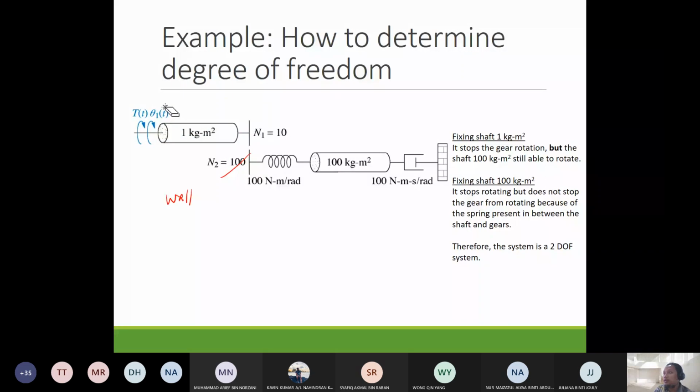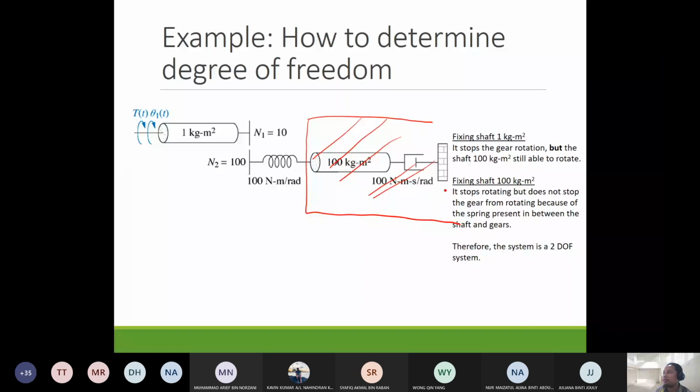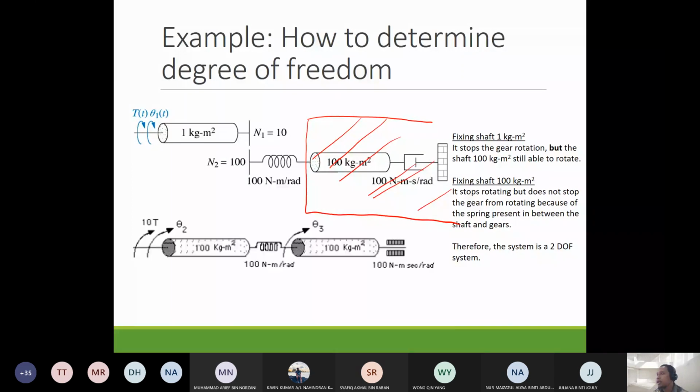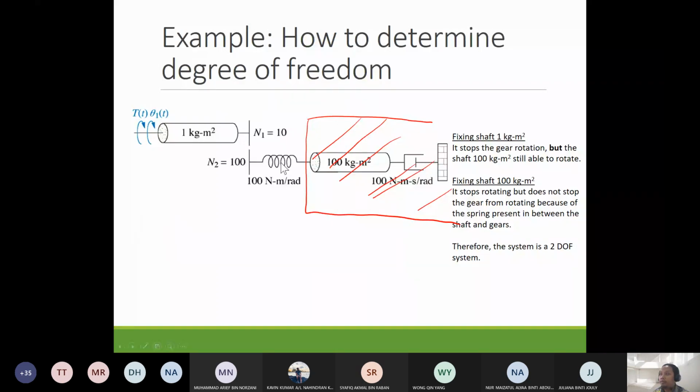So what happens if you fix this shaft here? Then this whole section will become something like a wall. Because of this spring here, the gears can still move, but the movement is restricted by the spring.